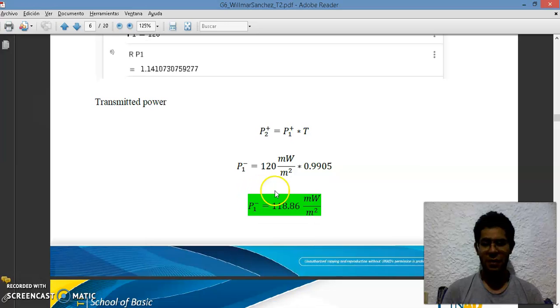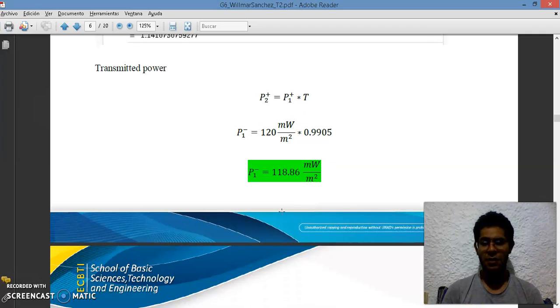And to find the transmitted power, I multiply the total power by the transmittance coefficient and the value is 118.86 milliwatts per square meter.